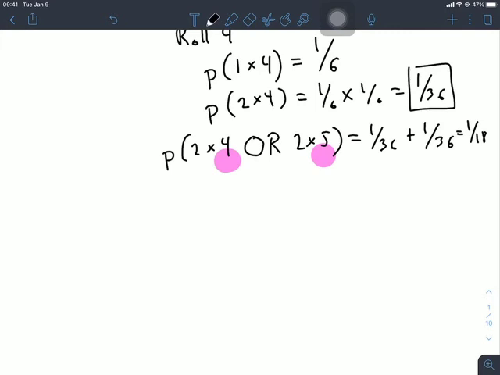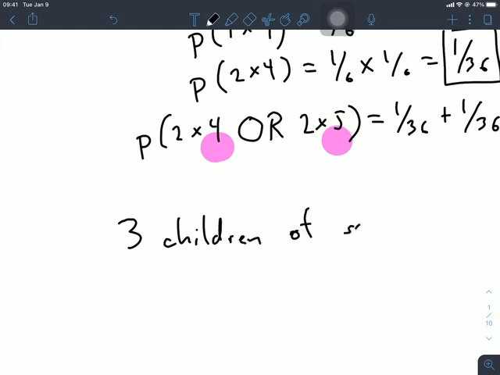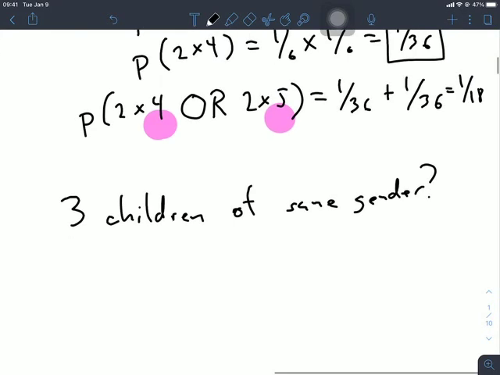Like in my family. My parents, their luck determined that they had 3 boys. So what is the likelihood, what's the probability of having 3 children of the same gender? Now, what are the ways in which you can have 3 children of the same gender? Well, you can have 3 boys, or you can have 3 girls.